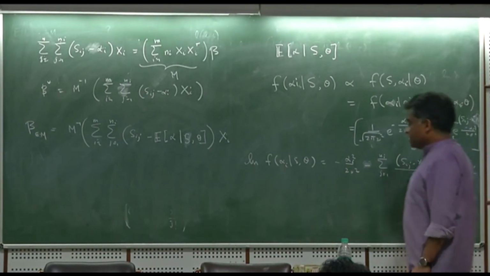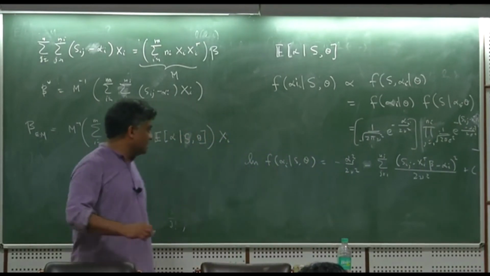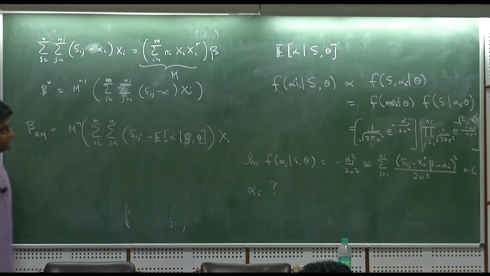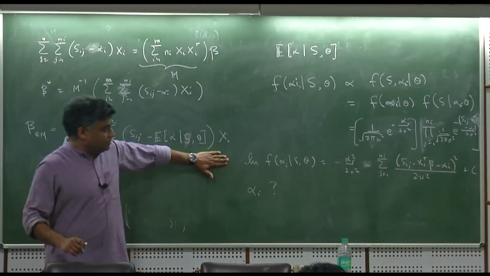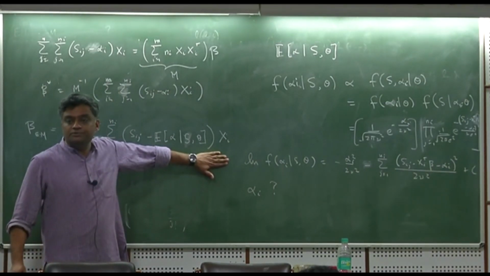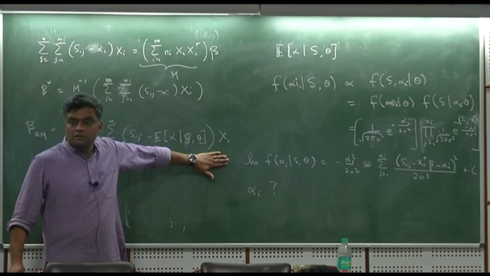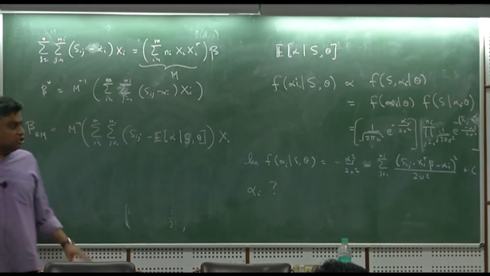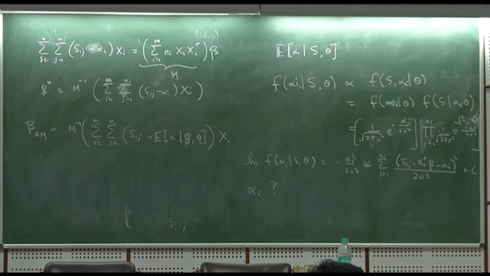So if you look at this expression, what can you tell me about alpha? What is the distribution of alpha I? What is that posterior distribution of alpha I? My claim is that if you look at the form of this, you should be able to tell me what the distribution is, just by looking at that, and that's going to help me figure out what to do.